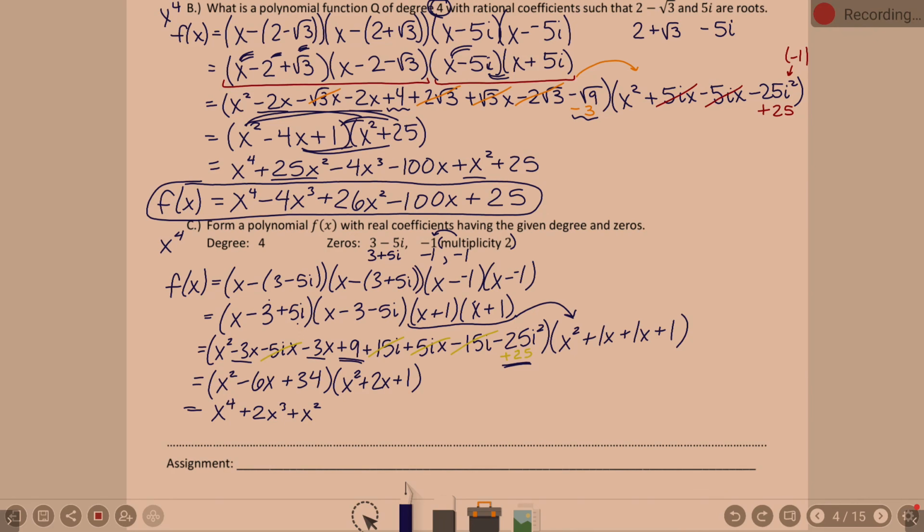Distributing my minus 6x: minus 6x cubed, minus 12x squared, minus 6x. And then distributing 34: 34x squared, 68x, and 34.